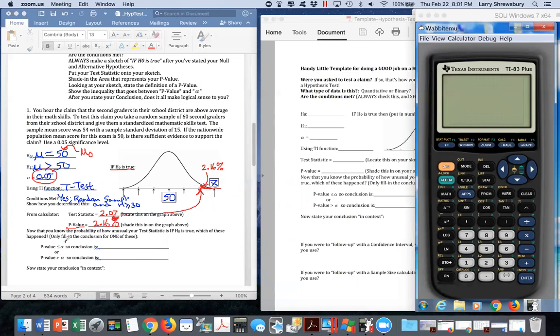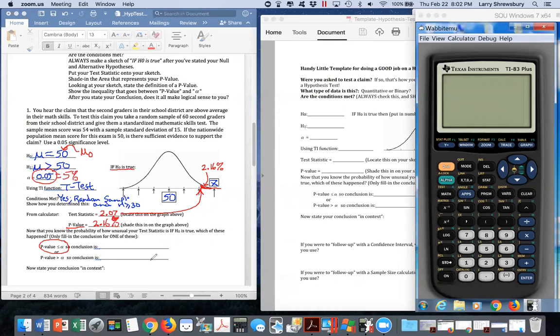So in this case, our p-value is 2.16%, and 0.05 is 5%. So 2.16% is less than 5%. That means we're going to go with the alternative hypothesis.